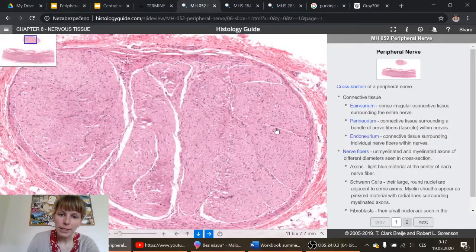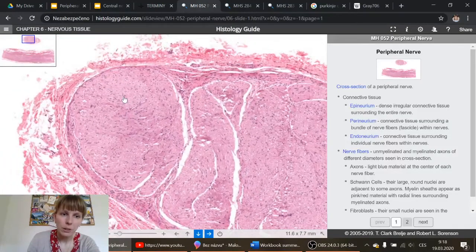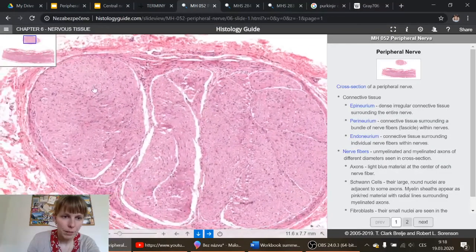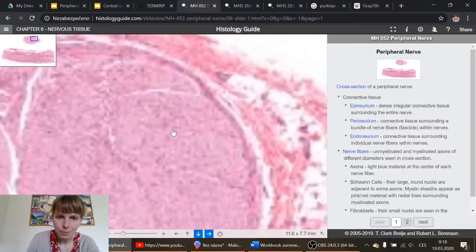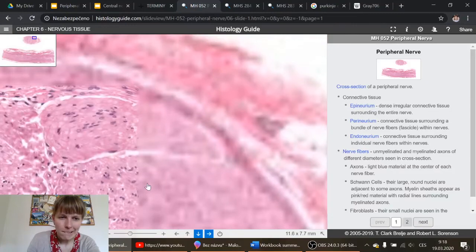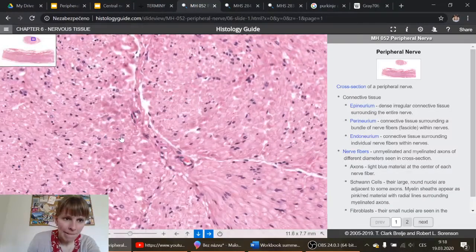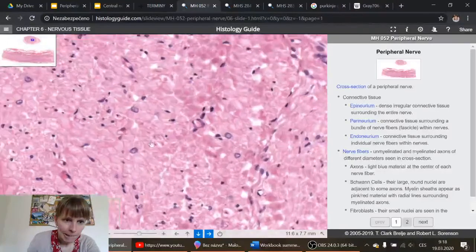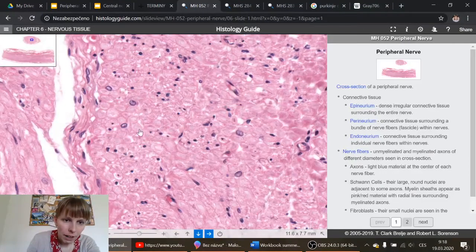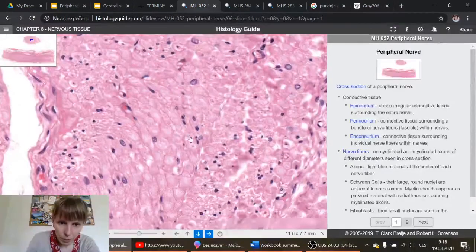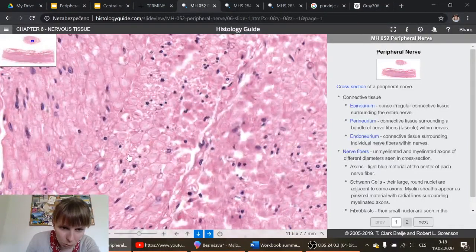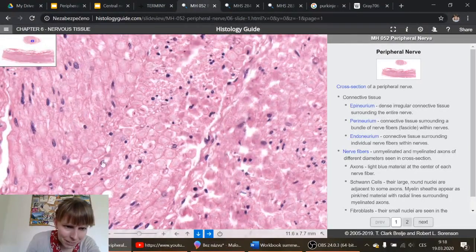And all of this inside is bundles of axons cut across. So let's zoom in somewhere, maybe here. Yes. So all of these are the myelinated axons on cross section, and between them you have a little bit of loose connective tissue. It's really tightly packed, so it's not easy to see, but maybe here a little bit.